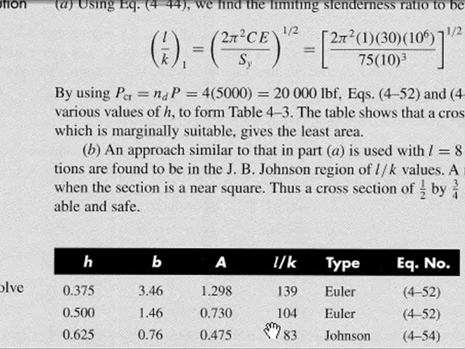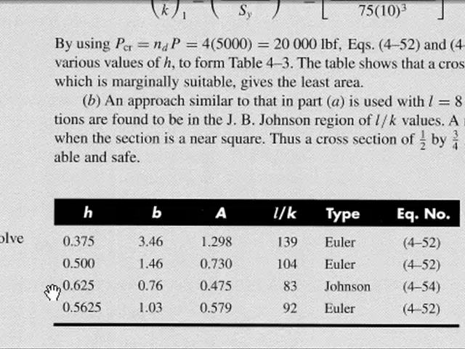Okay, so then we use Johnson, and we plug into the Johnson design formula the value of h, and solve for b, and take that h and b combination and check our slenderness ratio, and we get an 83, which is less than 88.9, confirming that this one is Johnson.